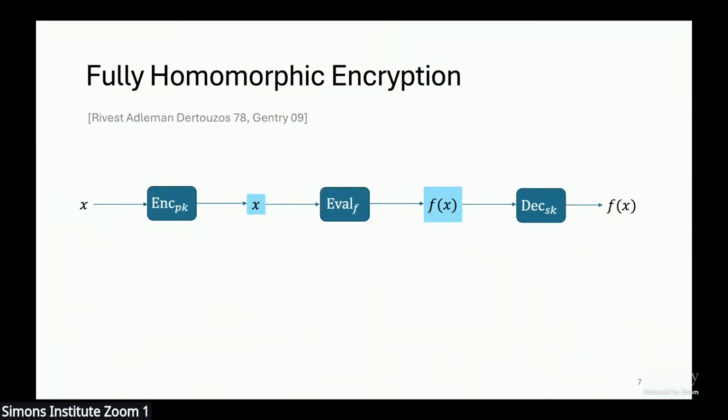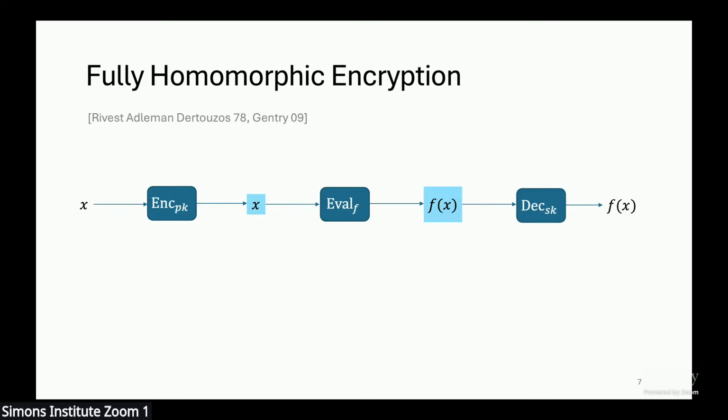Okay, so let's start where it all began, fully homomorphic encryption. The concept of which was actually first invented by Rivest, Adleman, and Dertouzos in a paper from 1978, where they envisaged this possible tool where you can take an encryption of a message X, represented by X in the blue box here, and then perform some kind of homomorphic operation on the encrypted space on the ciphertext to get a valid encryption of the results without learning any information about what's inside.